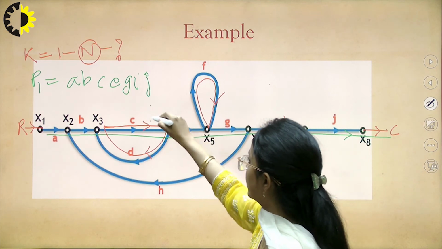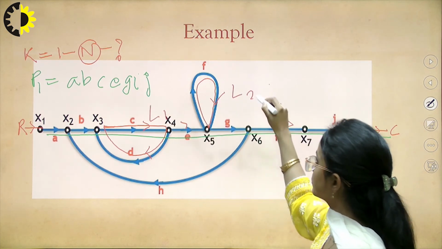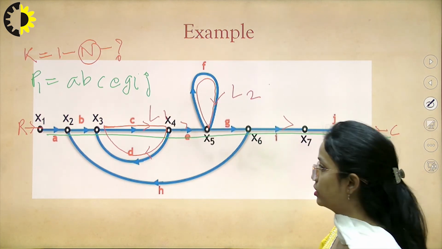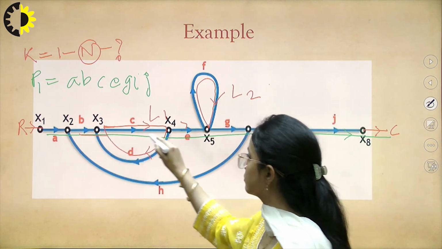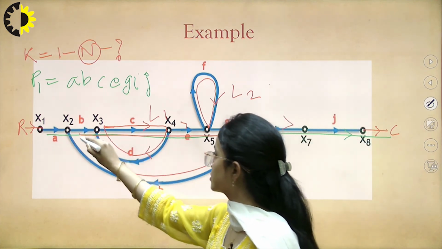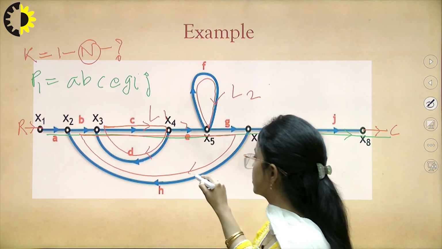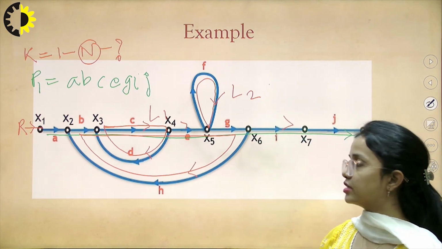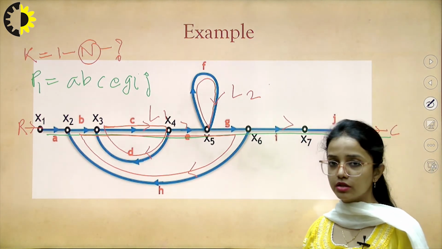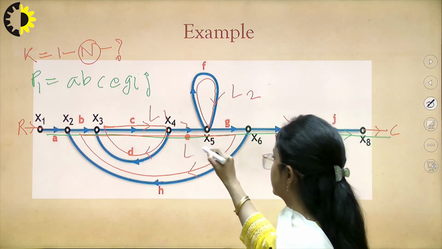So let's call it L1, let's call it L2. So we have the second loop, we have a third loop as well, this one. So we are starting from the same point, we are terminating at the same point, following the direction. So this is L3.